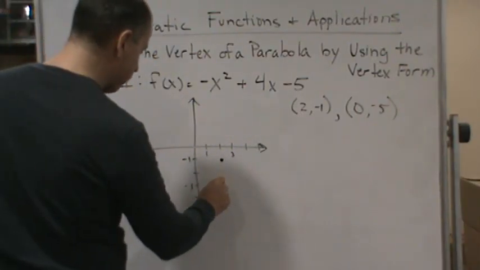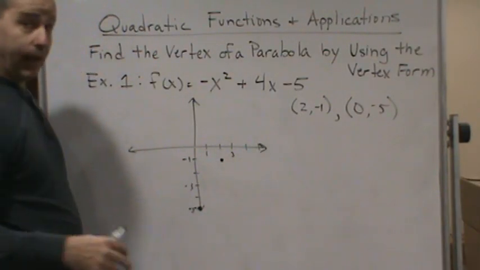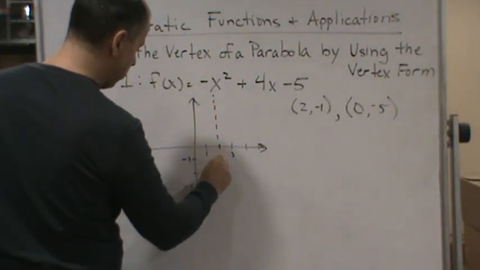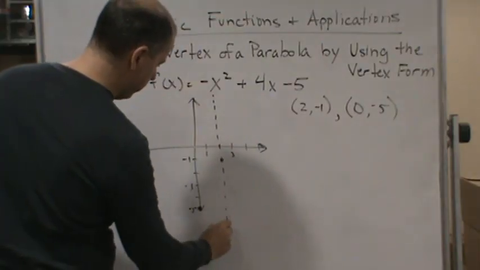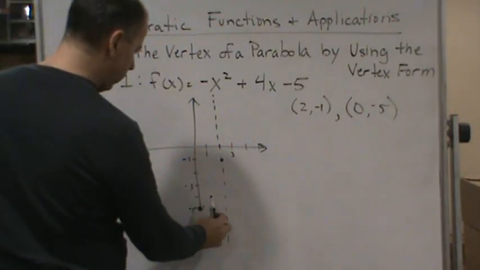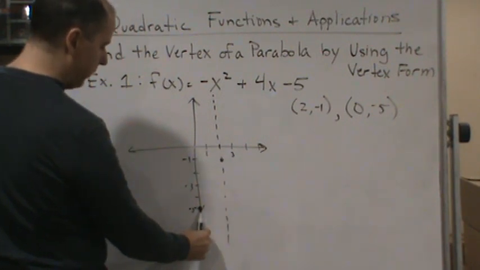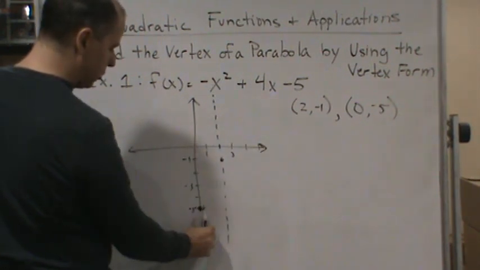Now, here's the thing. Where's the axis of symmetry? The axis of symmetry is right at x equals 2. So I know that there's another point that's a mirror image, reflected across the axis of symmetry.